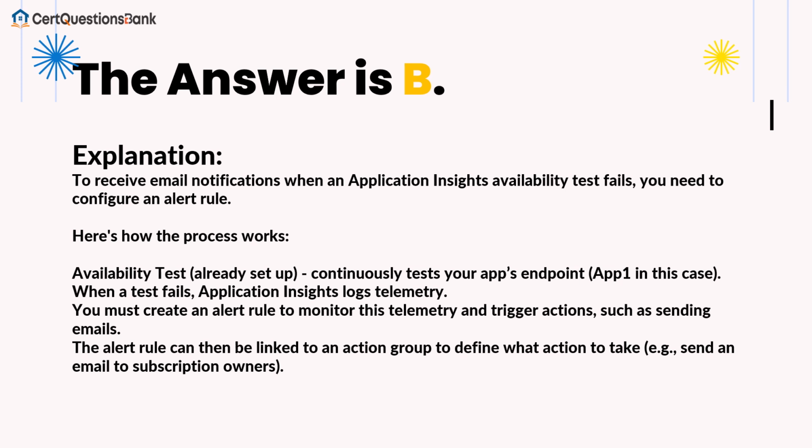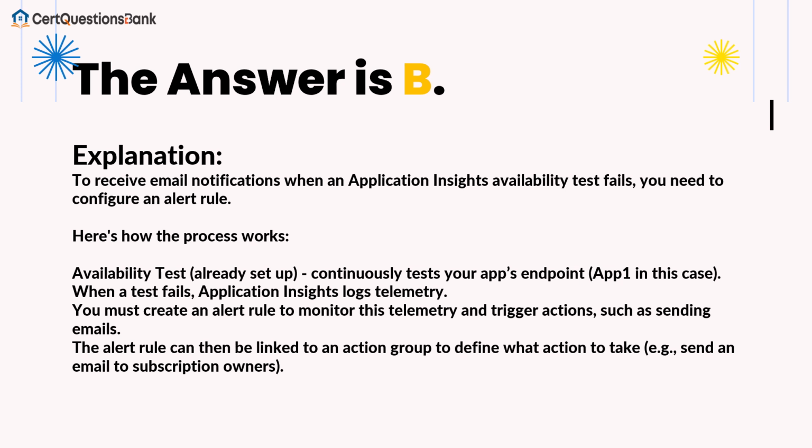To receive email notifications when an Application Insights availability test fails, you need to configure an alert rule. Here's how the process works. The availability test, already set up, continuously tests your app's endpoint, App2 in this case.